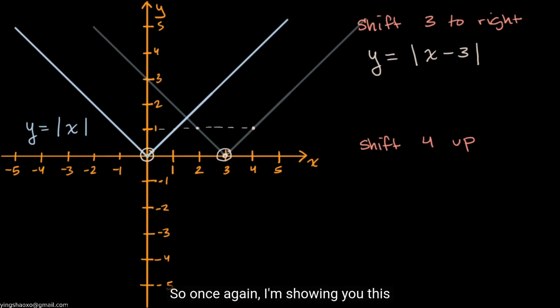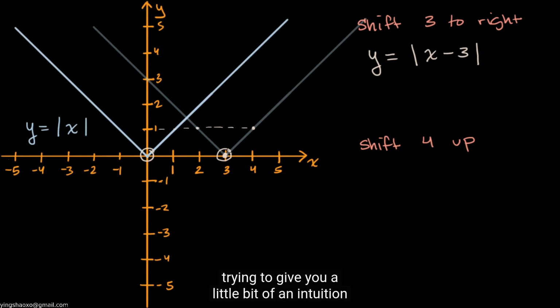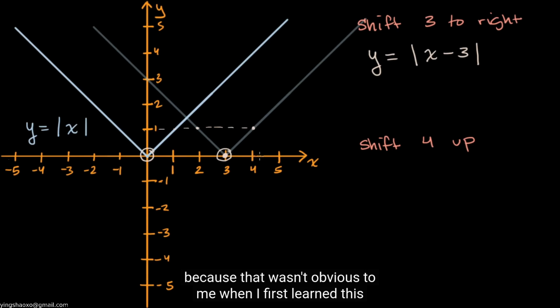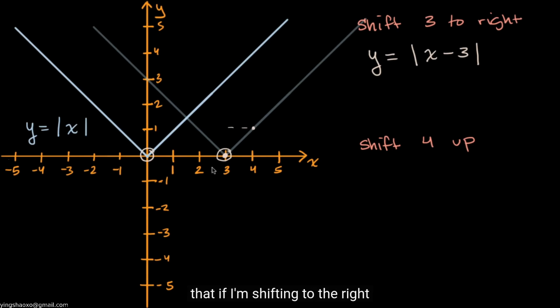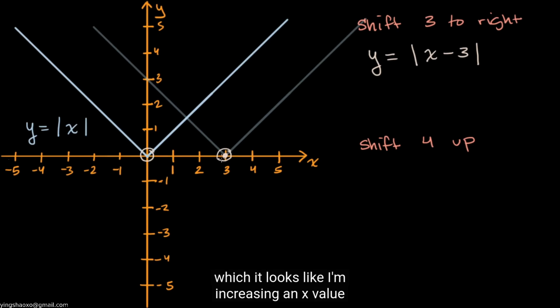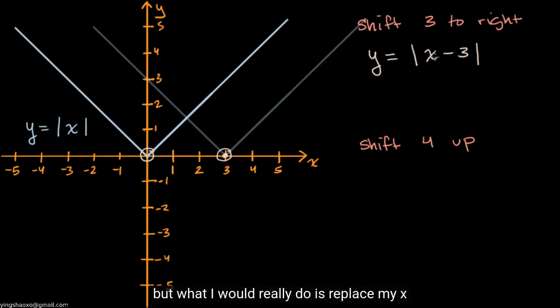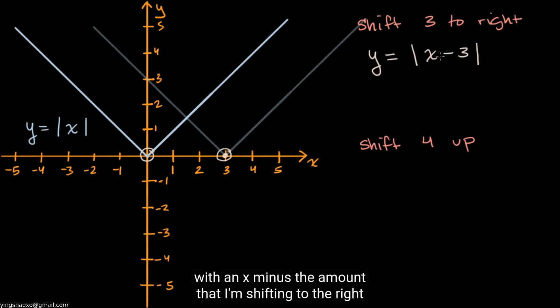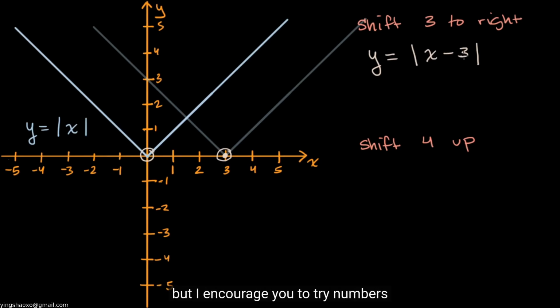Once again, I'm showing you this by really trying out numbers, to give you a little bit of intuition, because that wasn't obvious to me when I first learned this. If I'm shifting to the right, it looks like I'm increasing an x value, but what I would really do is replace my x with x minus the amount that I'm shifting to the right. I encourage you to try the numbers and think about what's happening here.